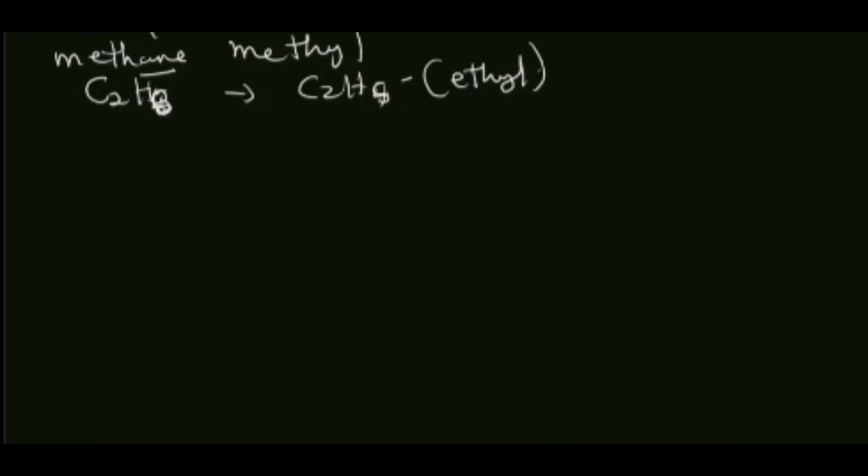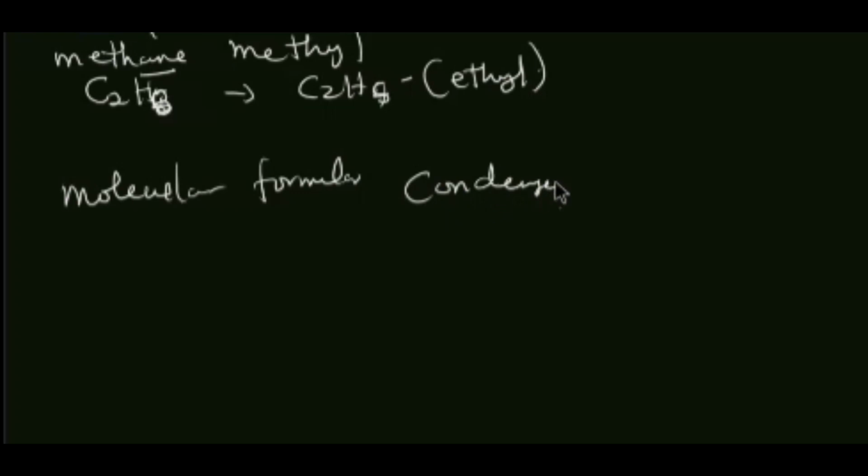We have what we call the molecular formula, and we have what we call the condensed structure. So assuming you have C2H6, this is the molecular formula. Molecularly, C2, 2 carbons and 6 hydrogens. But the condensed structure will say that you have CH3, CH3.